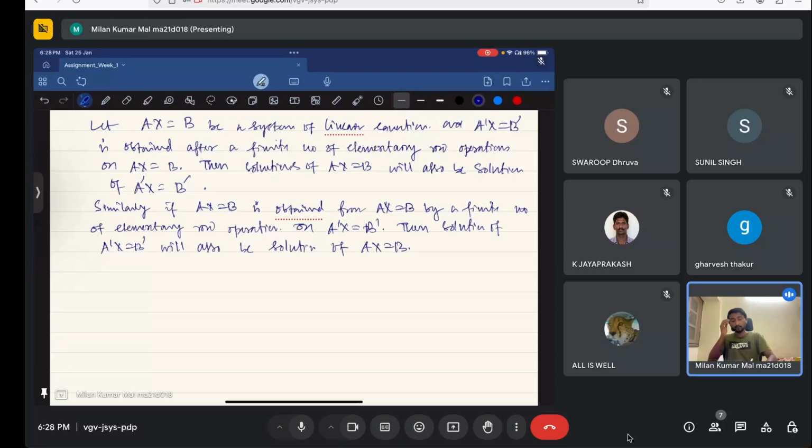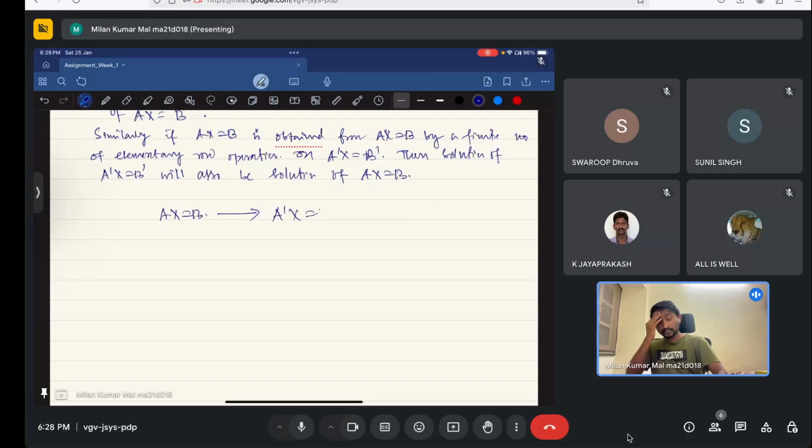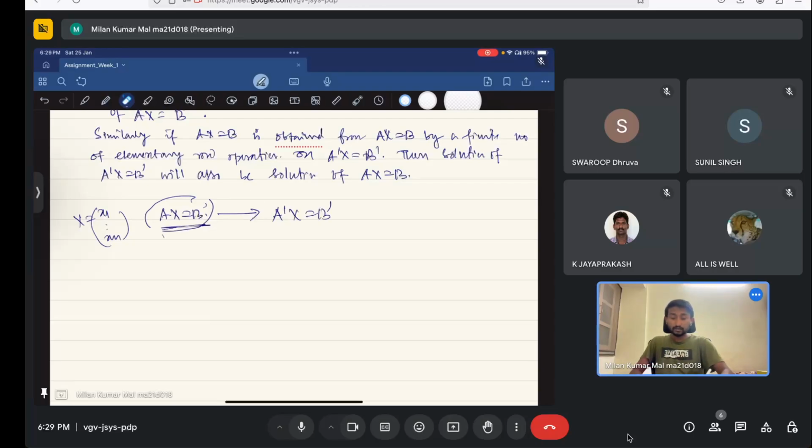What I am saying is, suppose we have a system of linear equations Ax = b. After elementary row operations we get a new system A'x = b'. Then those values of x1, x2, ..., xn which satisfy this system, that means the finite number of equations, will also satisfy the other, so for those x these equations will also be satisfied.